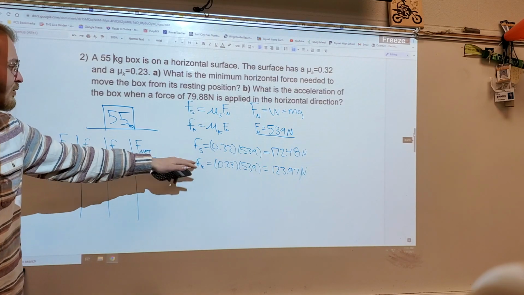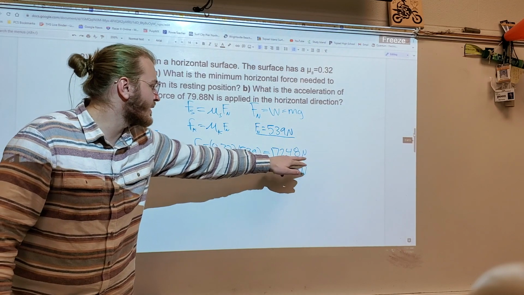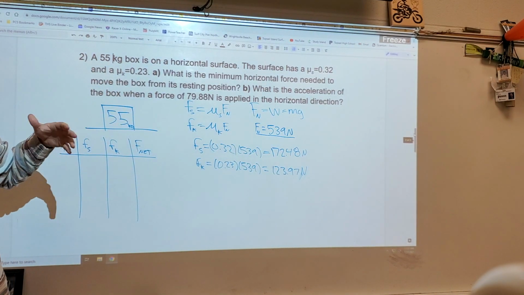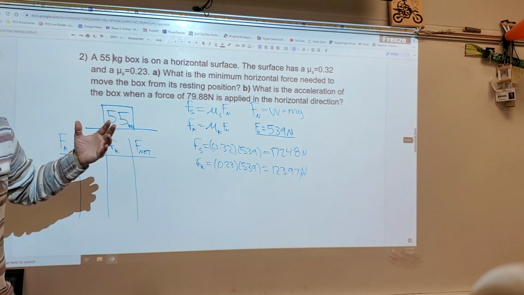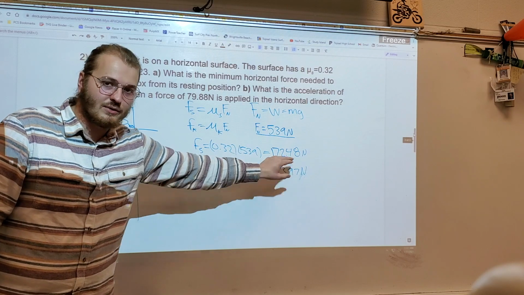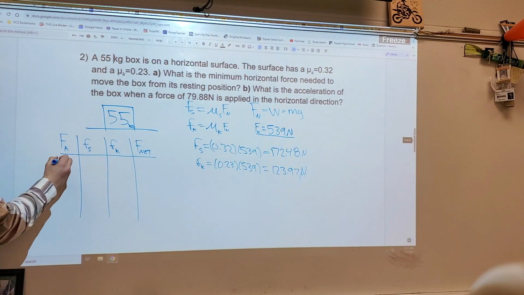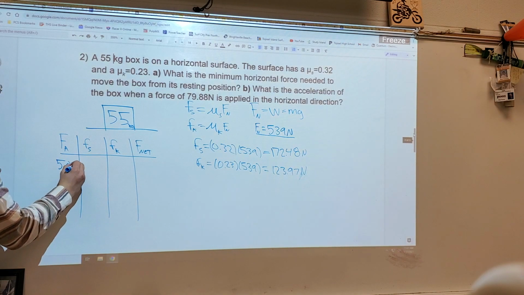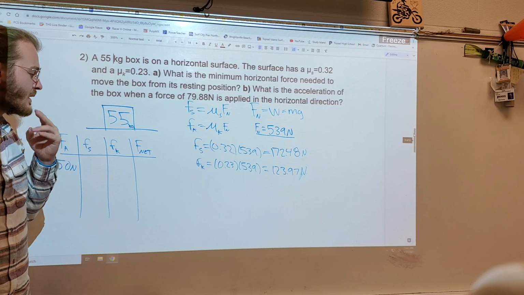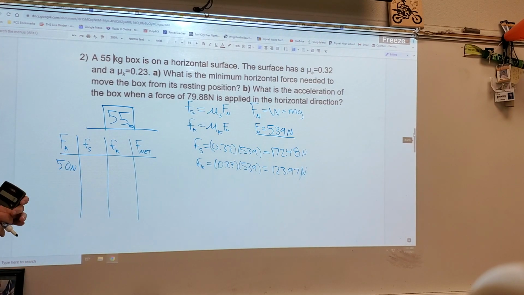Our static frictional force is massive. It's 172.48 newtons. That means that for an object to overcome it just standing still or being at rest, it has to have more than 172.48 newtons of force applied to it. Let me show you this. If I apply 50 newtons here, the static frictional force is going to apply 50 newtons back to me. Why is that?